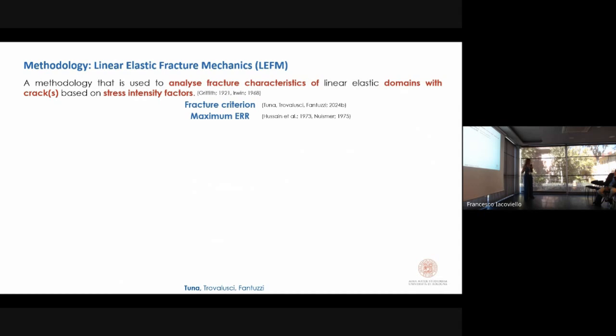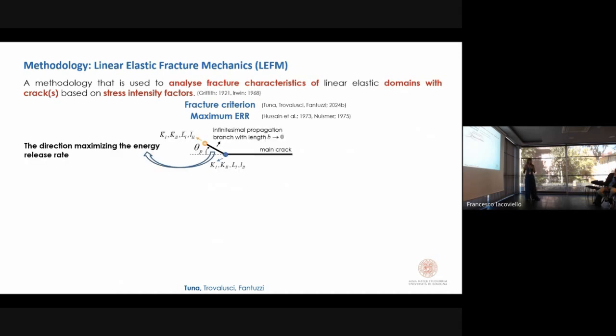What we propose is to extend the maximum energy release rate criterion to micropolar continuum. This criterion was initially proposed in the 70s for classical materials, and it suggests that the crack propagates along the direction that maximizes the energy release rate, which is a function of the intensity factors at the infinitesimal branch. There are 2 ways of finding this.